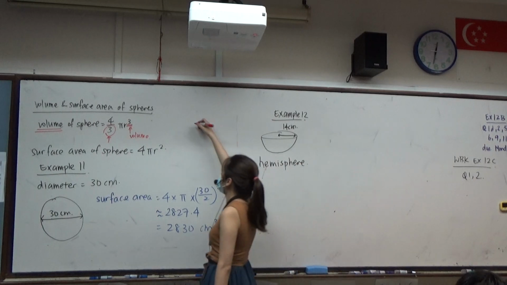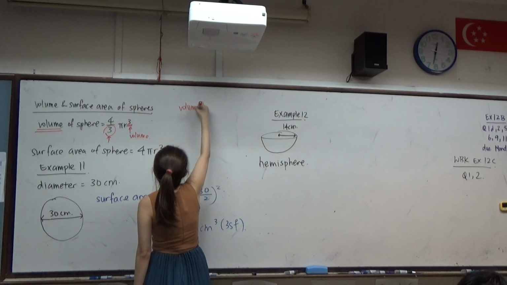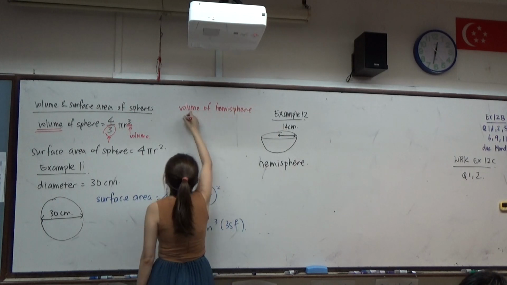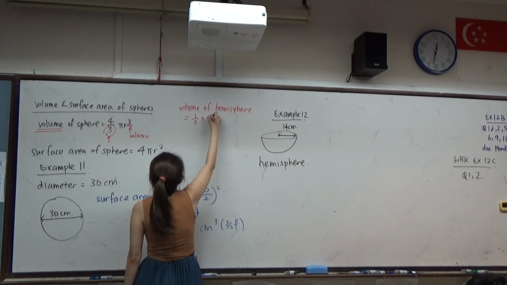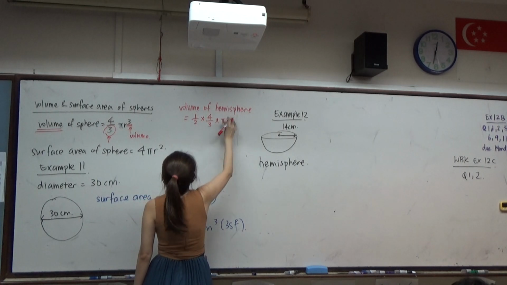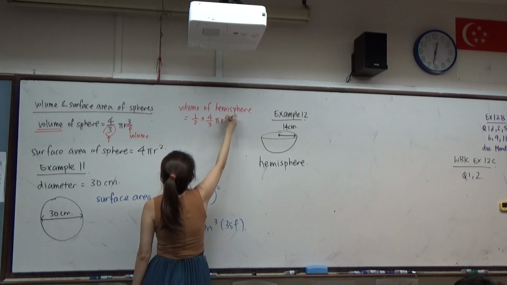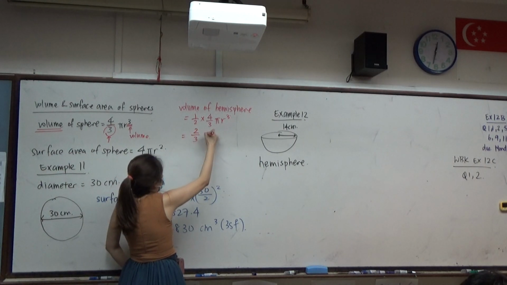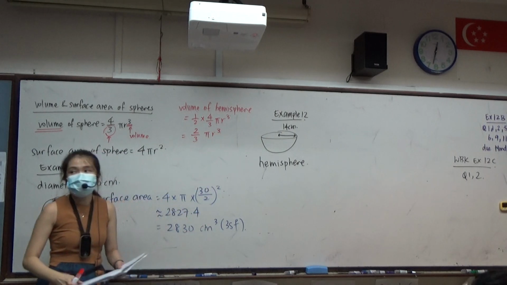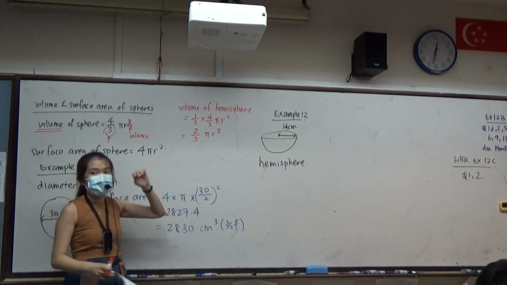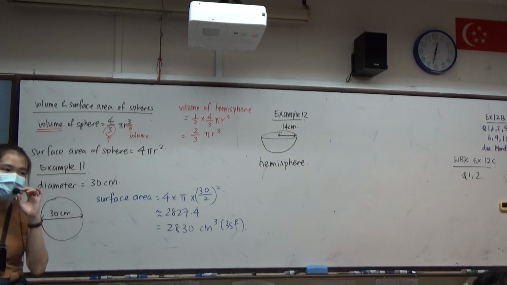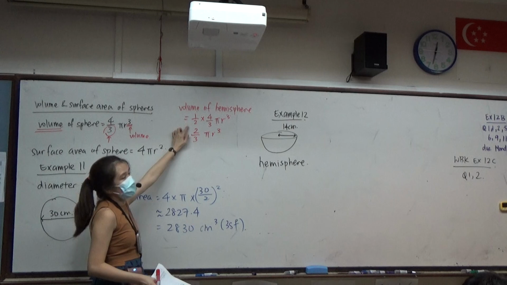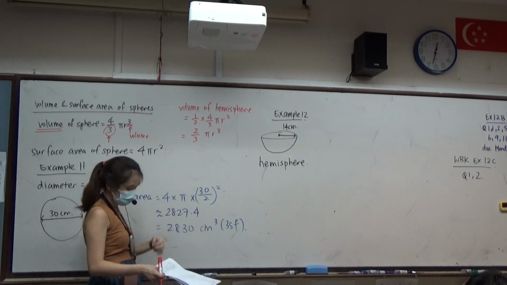So the volume of a hemisphere is equal to half times 4/3 times pi r cubed. Surely it won't be given, because it's just a simple calculation of times half.